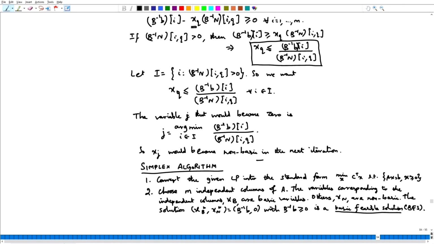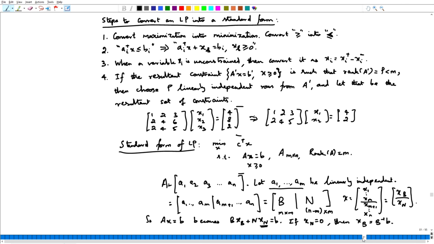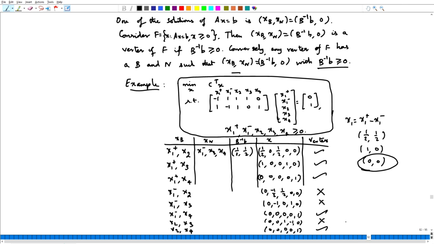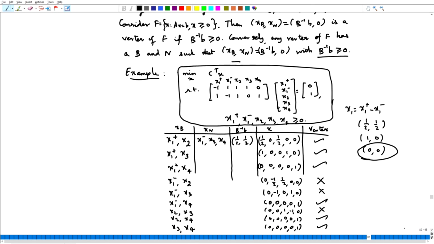The second step is that you need to choose m independent columns of A. We did a great job of that: we saw all 9 possible independent choices, and saw that they actually give only 3 vertices. I am going to choose x3, x4.